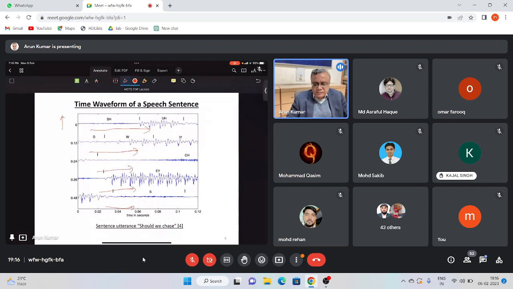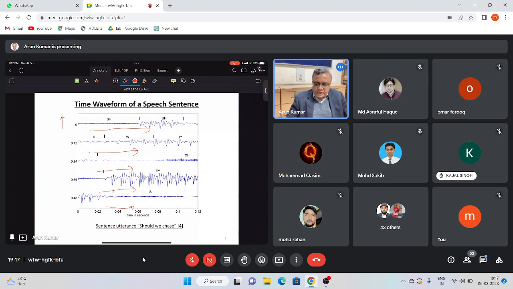If we zoom this out, we will be able to see that it is mostly a random noise-like waveform. Thereafter, when we move to vowel sounds like "oo", it has more energy and it is more periodic in nature compared to the sh sound. So these are some of the characteristics.